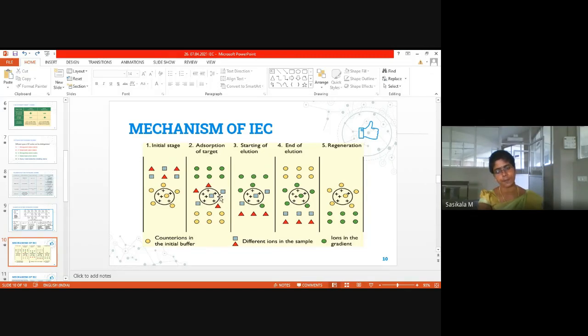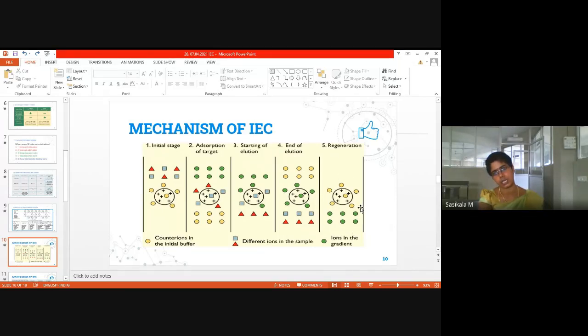Negatively charged, since the matrix is positively charged. Then mobile phase solvent is flowed again to elute the adsorbed anions. These two are anions, and they are eluted from the column, first the red molecule and the blue as the second molecule, and then the matrix is regenerated with the initial buffer.